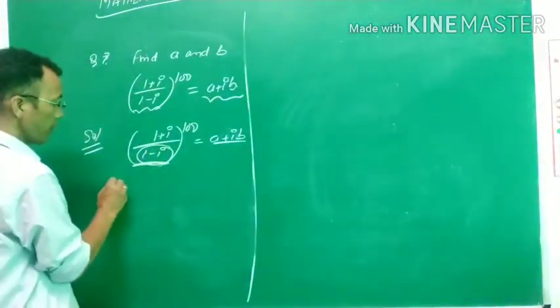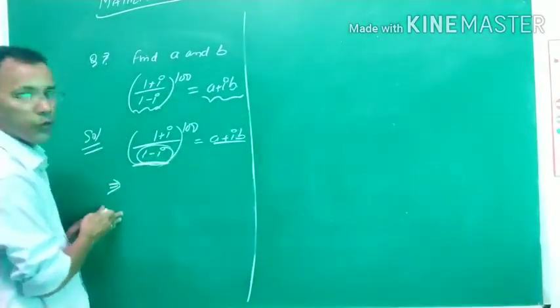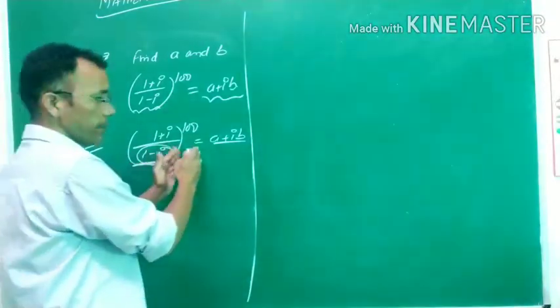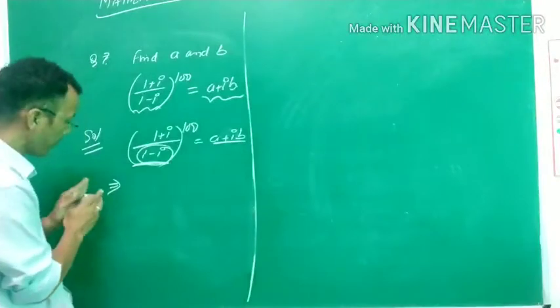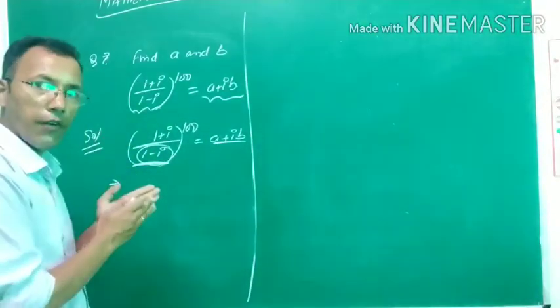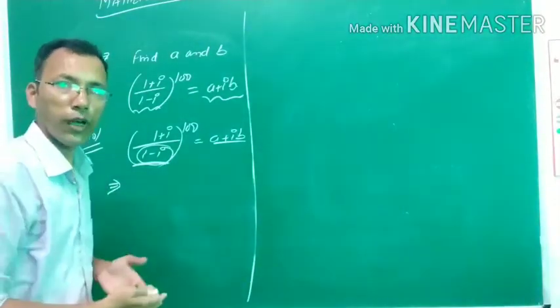So see this one. This implies that. Never write "this one is equal to that", but write "implies that" if such a condition is given. That means the whole thing which is written above is like that, which we are going to write.